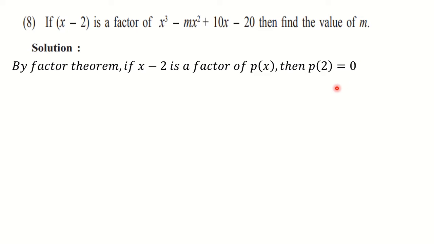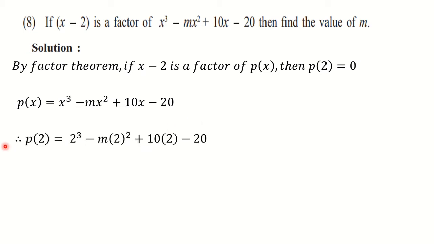Now let us take the given polynomial as p(x). Write down p(x) is equal to x cube minus mx square plus 10x minus 20. Now we have to find p(2). That means we will replace x by 2 everywhere. So what we got?